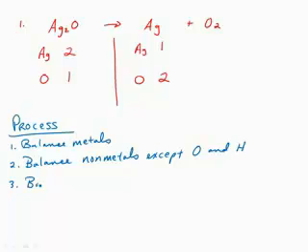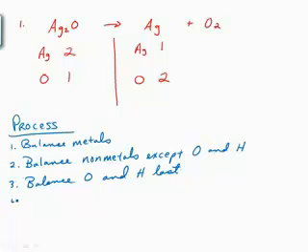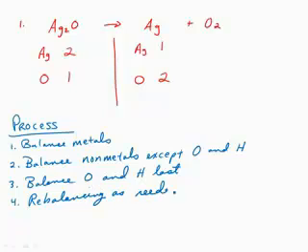Third, you want to balance oxygen and hydrogen last. And then you're going to be rebalancing as needed. All right, so let's go through these steps using our bookkeeping method here. Eventually, you should be able to wean yourself off of using the bookkeeping method, but this way kind of helps you get the whole point of what we're doing.